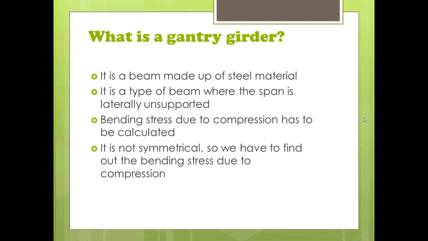Now, what do we mean by laterally unsupported beams? Before that, let me tell you what we mean by laterally supported beams. When the compression flange is supported using lateral supports to avoid buckling, then this type of beam is known as a laterally supported beam.